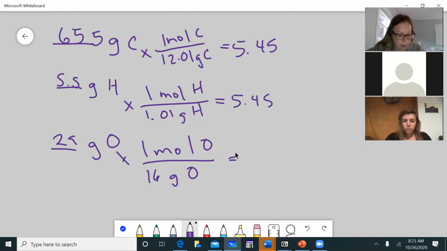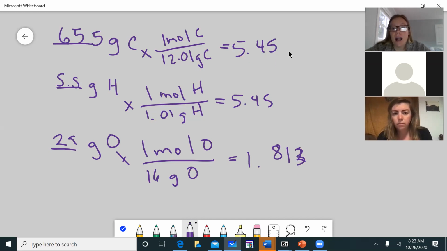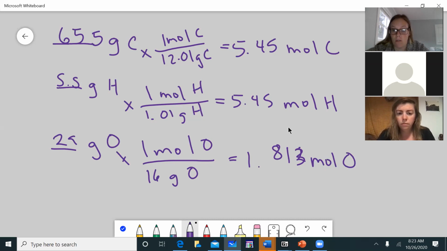Let's see what this last thing pops out. 29 divided by 16 gives us this other random number, 1.812, something like that. So these are actually how many moles of each thing are in my formula. They're a correct ratio. They're just not whole numbers. So we need to get them into whole numbers.